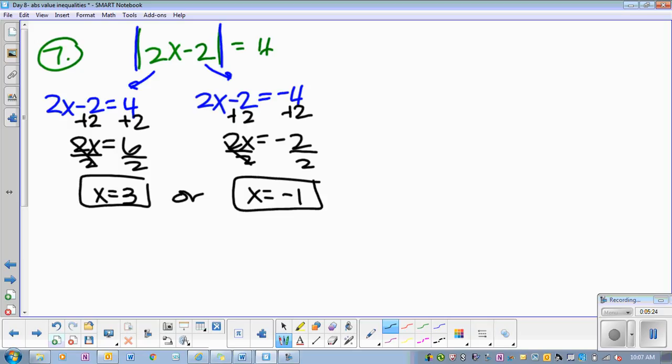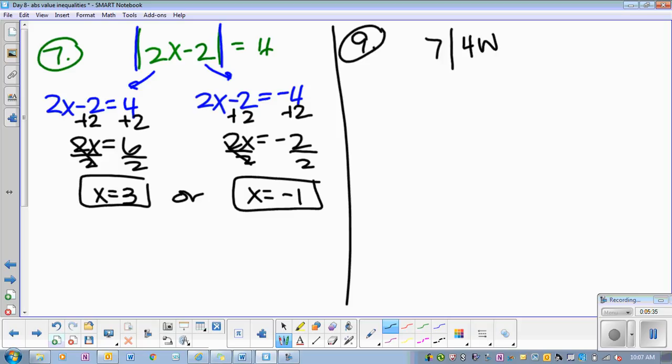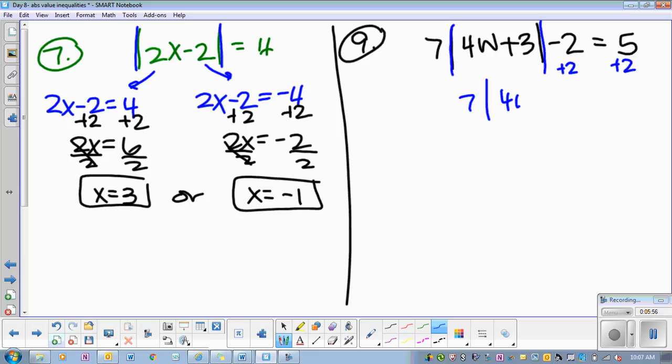All right. Let's do number 9. 7 times the absolute value of 4w plus 3, and then minus the 2. Okay, this one is just a couple more steps, right? So remember, you want to get the absolute value bars all by itself. You need to add the 2 first. So then we have 7 times the absolute value of 4w plus 3 equals 7. Now what?